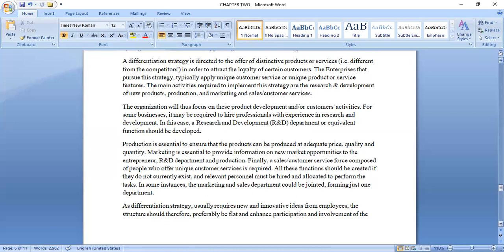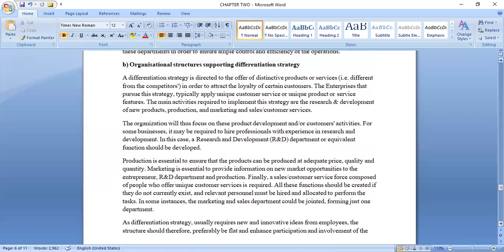So at the end of the day, if it is product differentiation, who can tell us what kind of organization structure should be adopted in this perspective?